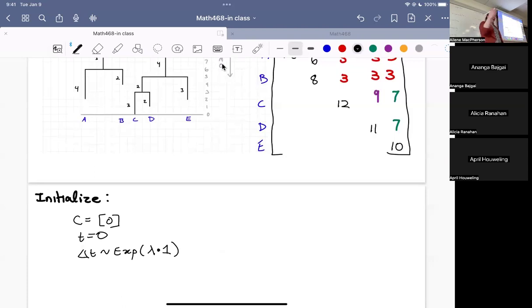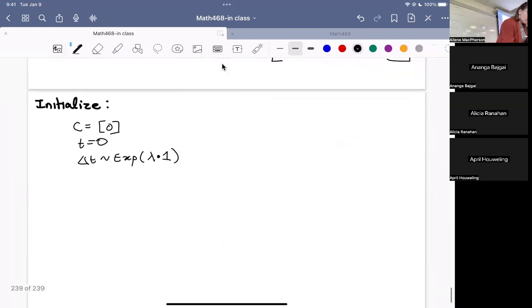So given I have a next event, while t is less than t max, I want to increase the number of lineages by 1. I have to update my time.